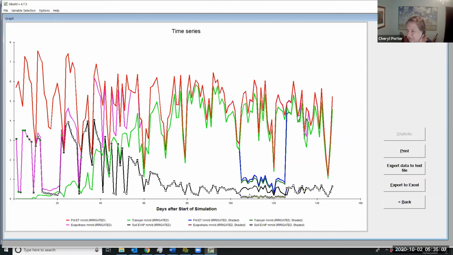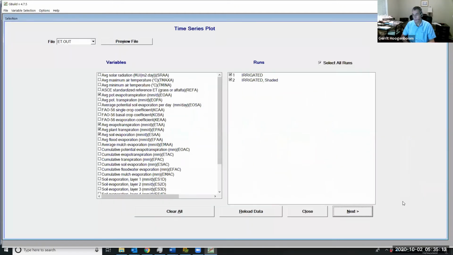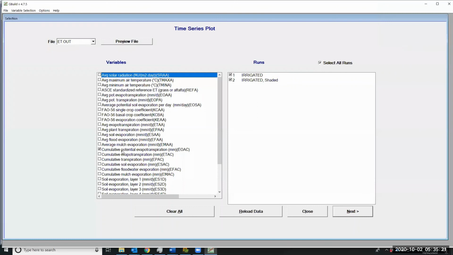Anything else we should look at? Еще предложения? We'll look at the cumulative, just in case. На всякий случай. Okay, cumulative potential evapotranspiration. Суммарная потенциальная эвапотранспирация. Cumulative transpiration.